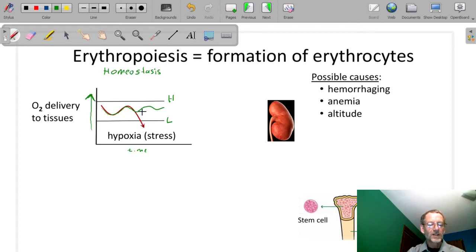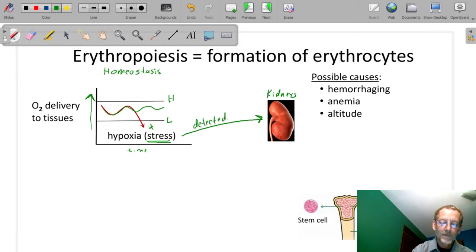If the oxygen delivery to the tissues drops too low, down in this area, then we have stress, physiologic stress, where it's low, and that is hypoxia, where you are unable to deliver enough oxygen to the tissues. That's stress, and that is detected by the kidneys. So blood flows through the kidneys, of course.